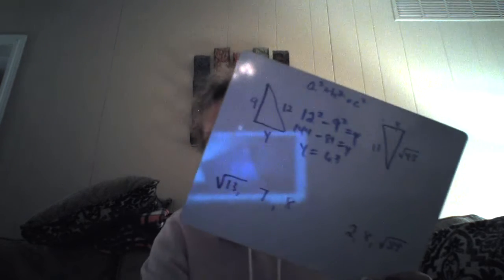But we have to know what the square root of 63 is. And it does say round to the nearest tenth, so it kind of gives it away.